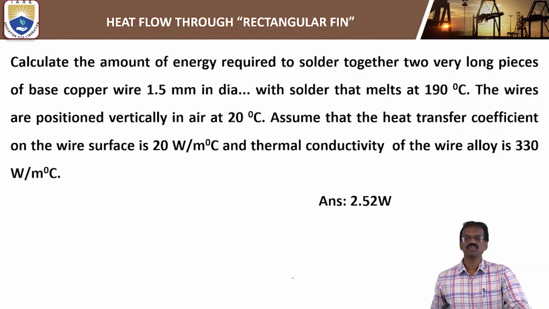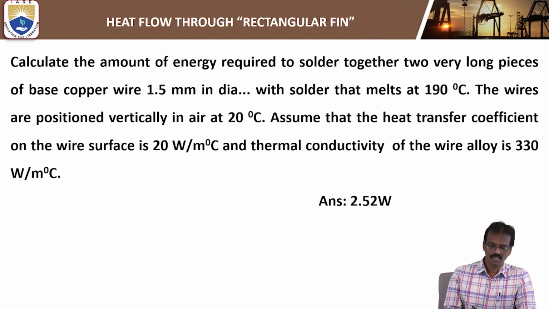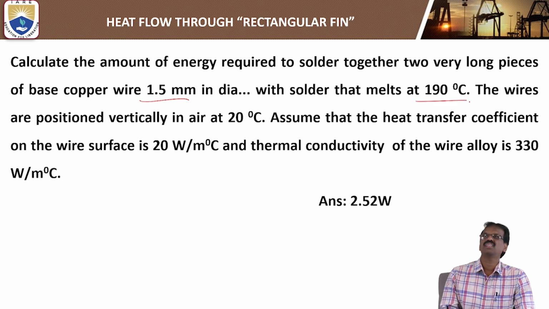Then we'll see one more numerical based upon this formula. Calculate the amount of heat energy required to solder through two very long pieces of base copper wire. Diameter of the wire is also given. The metal is at a temperature, so T naught is given. The wires are positioned vertically in the air. So T infinity is equal to 20 degrees Celsius.